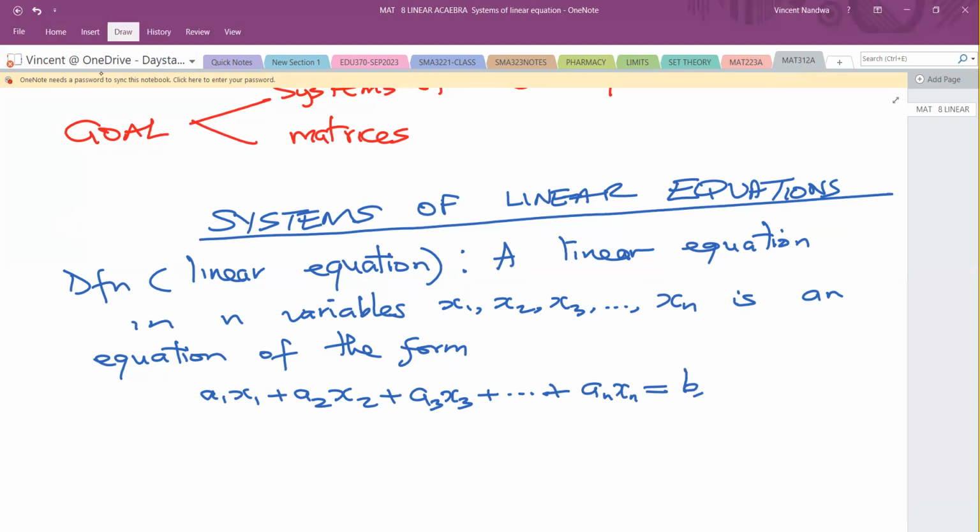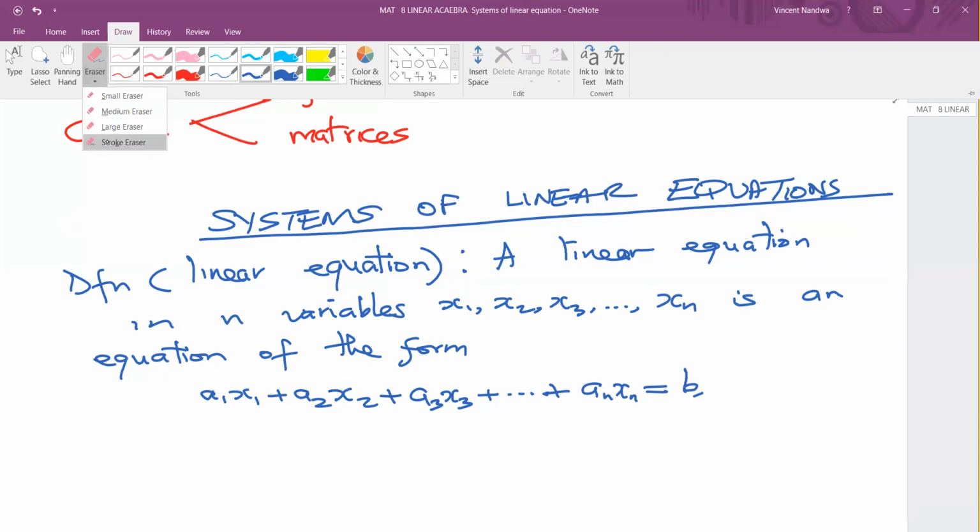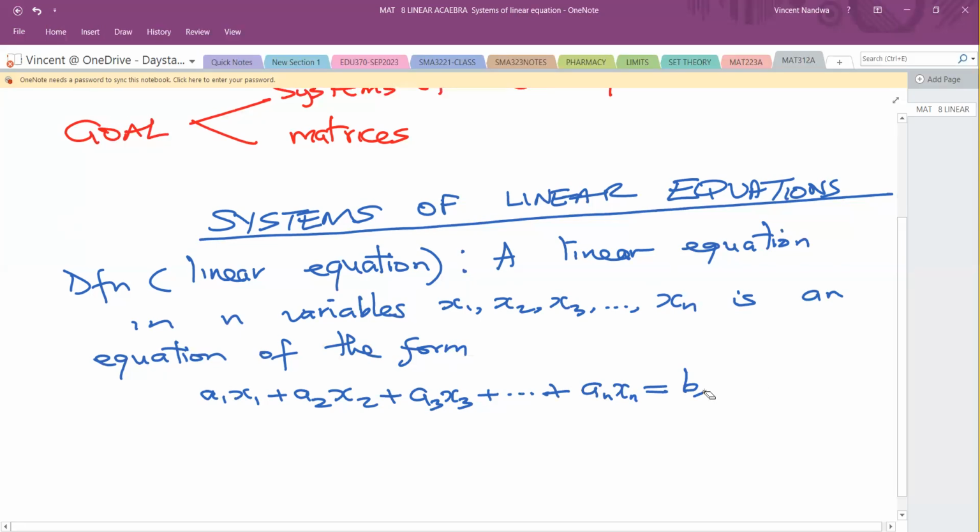The equation which takes this structure is called a linear equation in n variables.